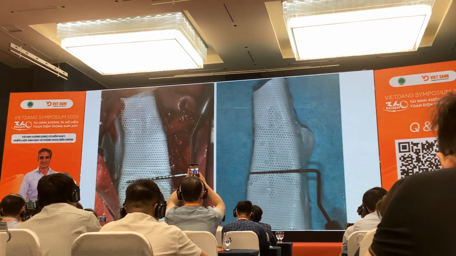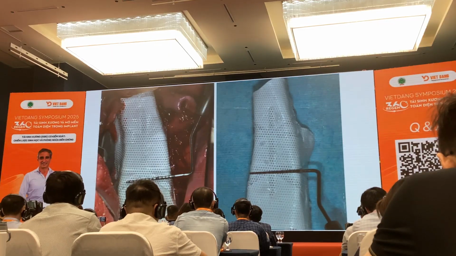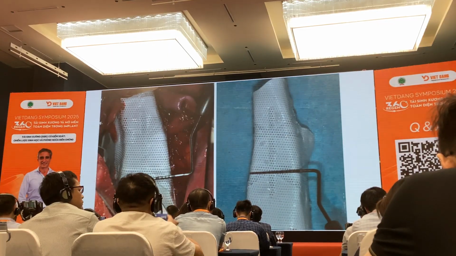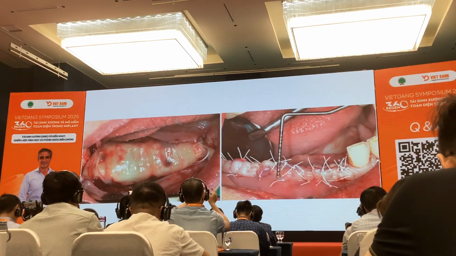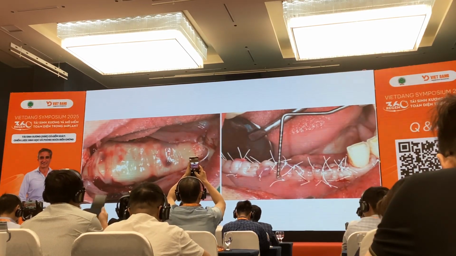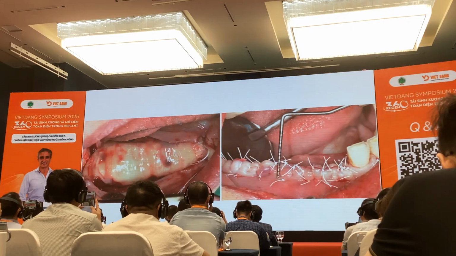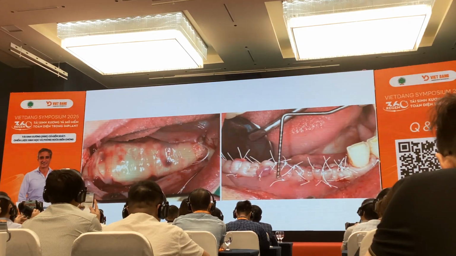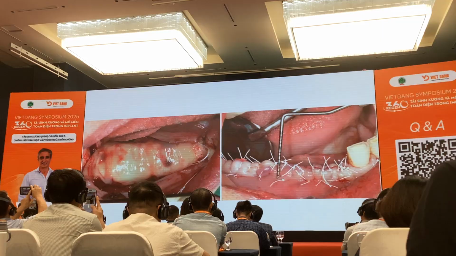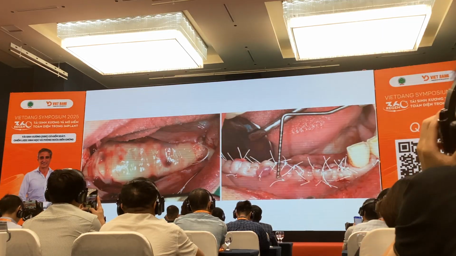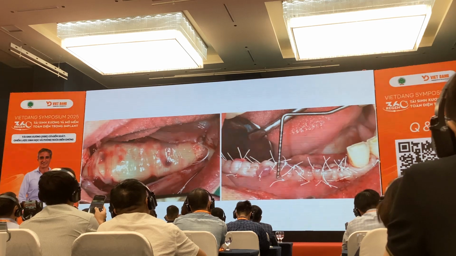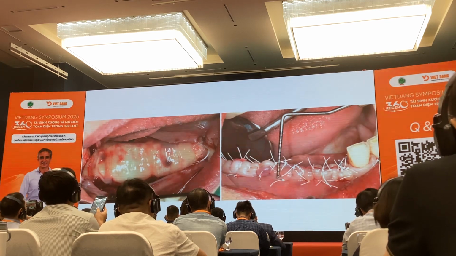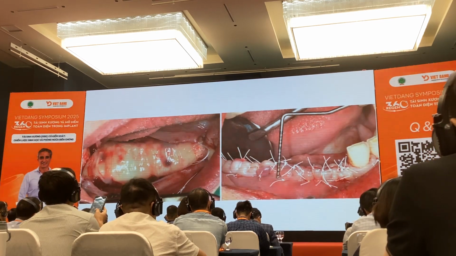This is the importance of the pre-shaped membrane. And then I close the flaps with horizontal mattress sutures that place face to face at least 5 millimeters on each side of the tissues, and then several interrupted sutures.